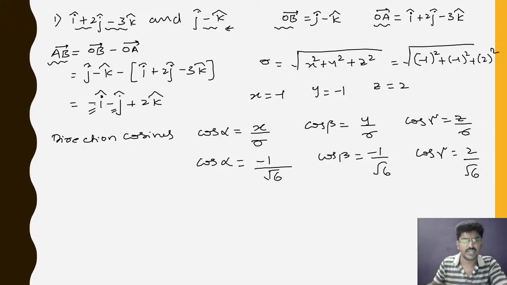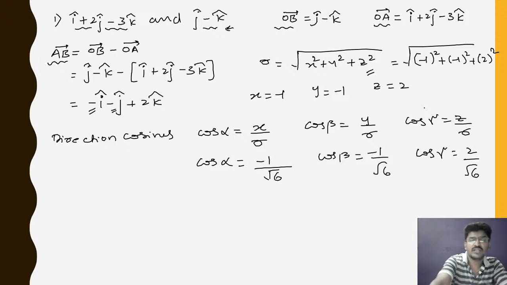Then this is your x value minus 1, y value minus 1, z value 2. So x equals minus 1, y equals minus 1, z equals 2. Therefore cos alpha is x by r, cos beta is y by r, cos gamma is z by r. r means the square root of x square plus y square plus z square. I think this is clear to everyone, so I can go for the next problem.